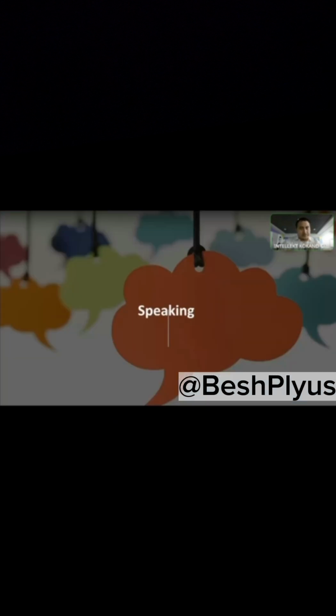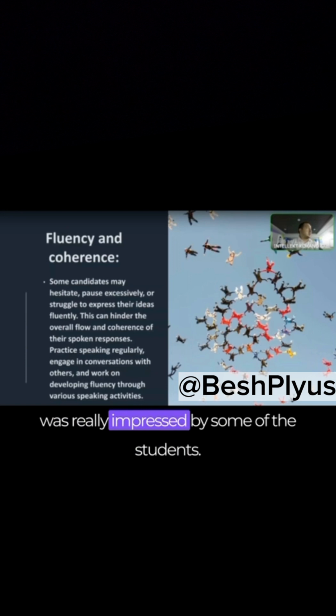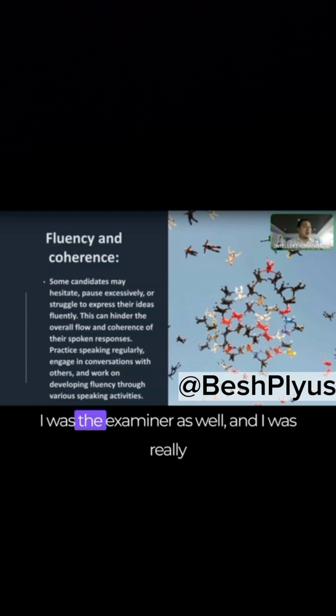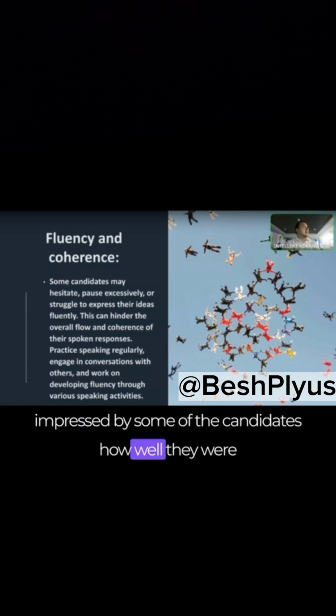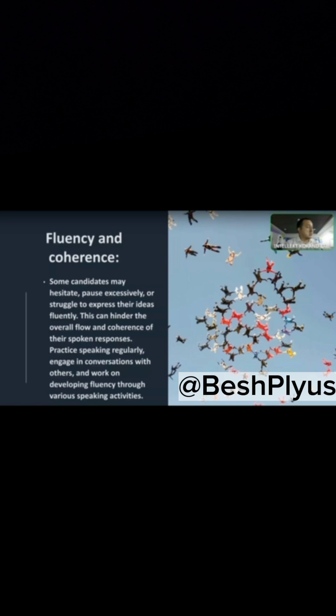When it comes to speaking, I must say I was really impressed by some of the students. I was the examiner as well, and I was really impressed by some of the candidates, how well they were able to convey their message and answer the questions. But there were some mistakes that students were making as well.